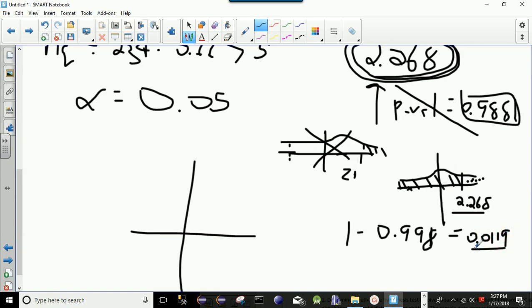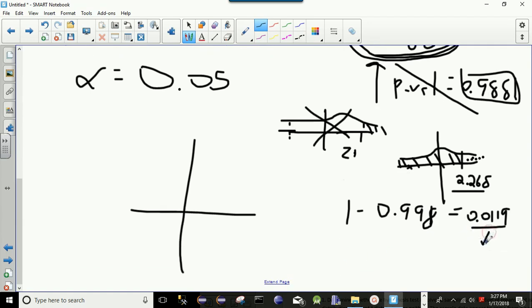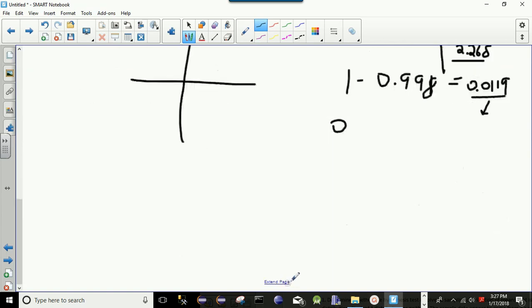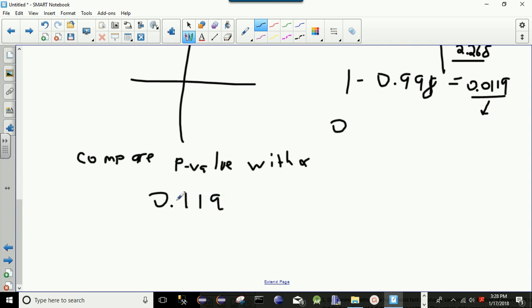Now, what you do is you take this p-value and compare it with alpha. So we have this inequality: 0.0119 is less than 0.05.